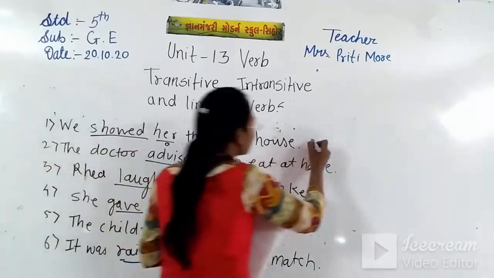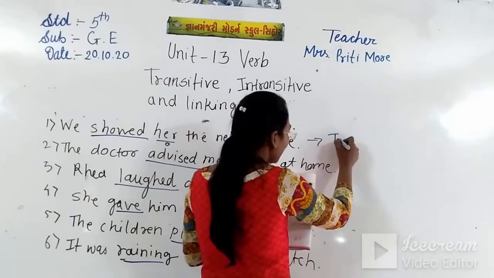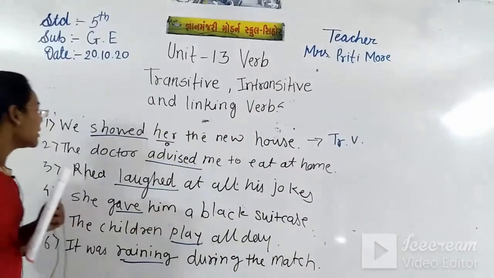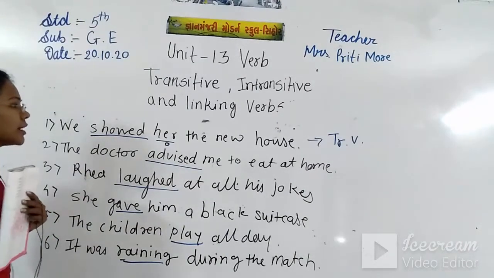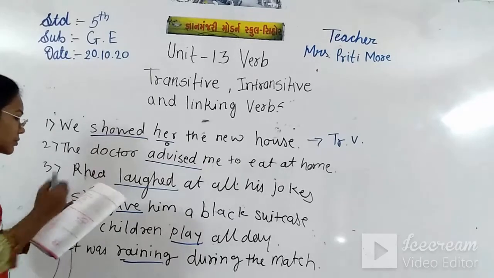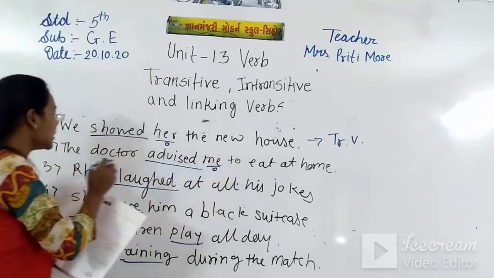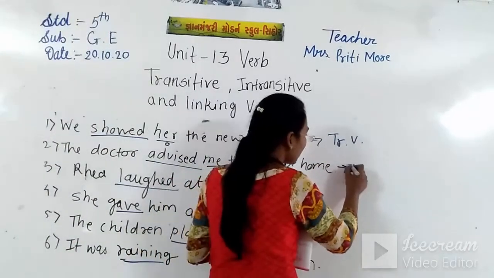So showed is the transitive verb. So for transitive T, R and V I am writing here. Now in the second, the doctor advised me to eat at home. So advised, and this is also object here. So advised is also the transitive verb.